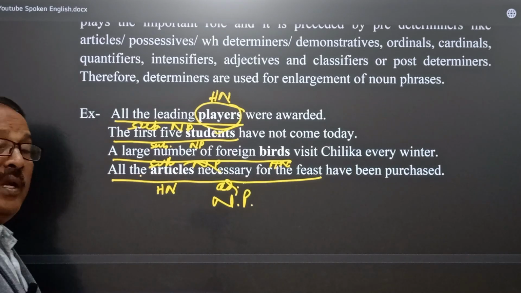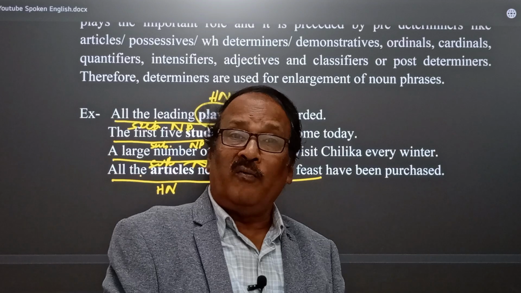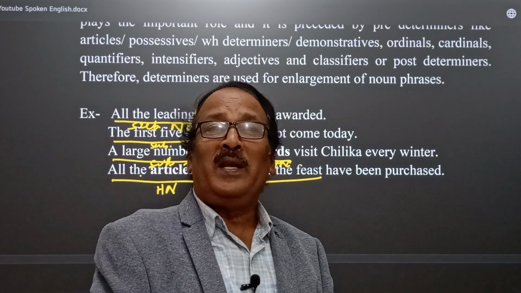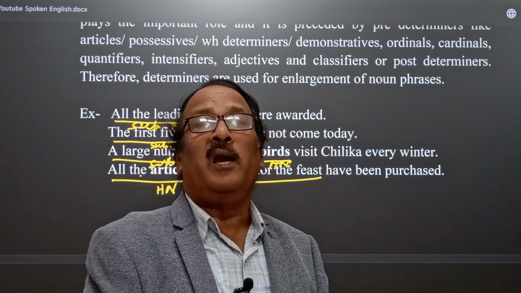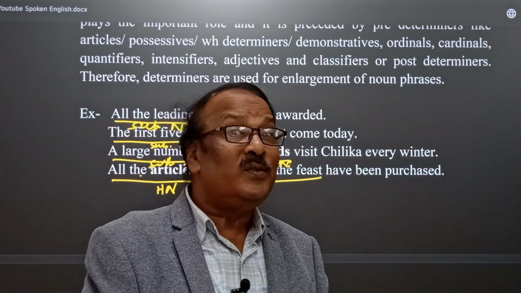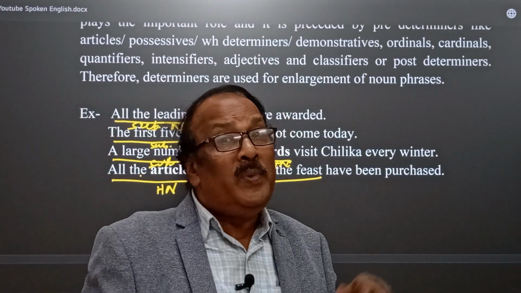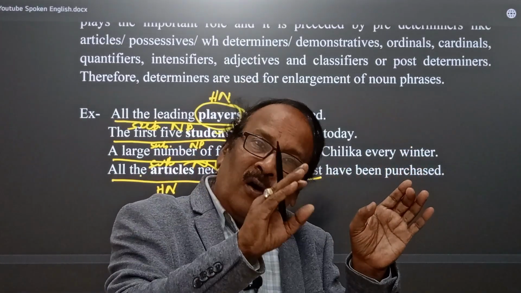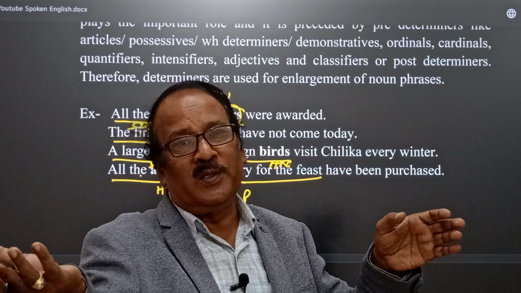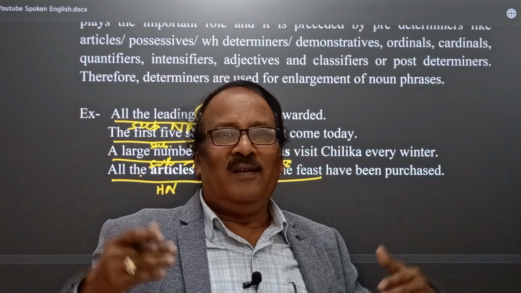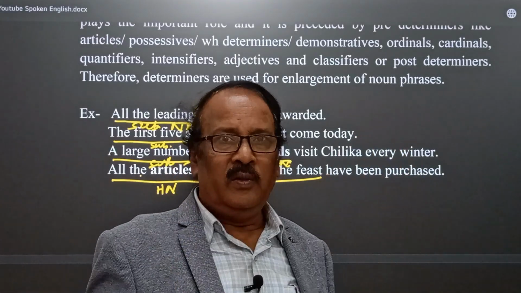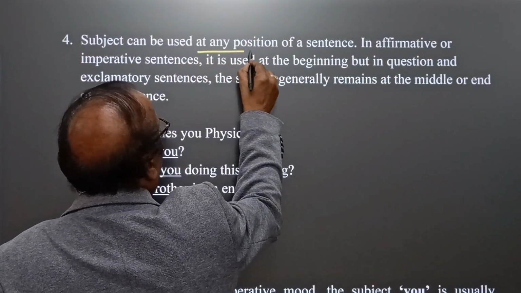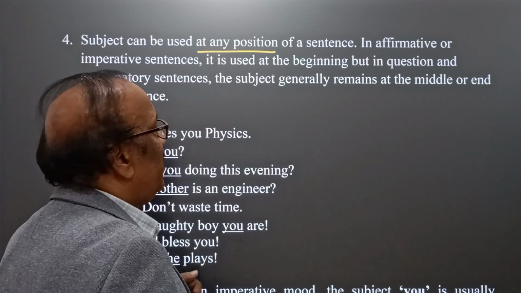How a noun phrase is formed of more than one word: in this case, noun plays a very important role, and it is supported by predeterminers or sometimes post-determiners to take the form of a noun phrase. Subject can be used at any position of a sentence.